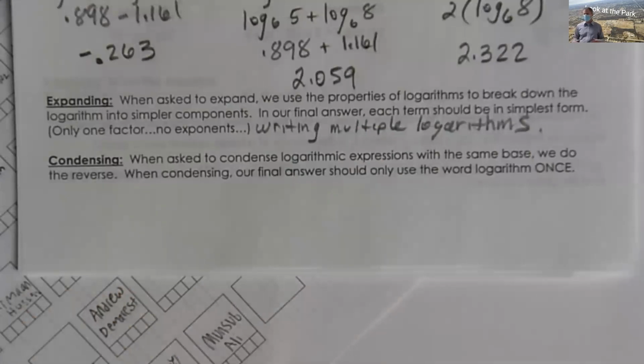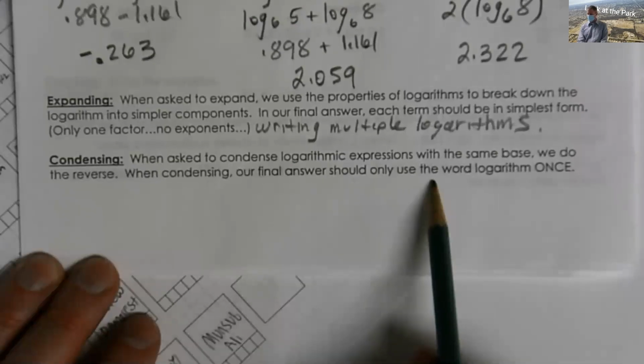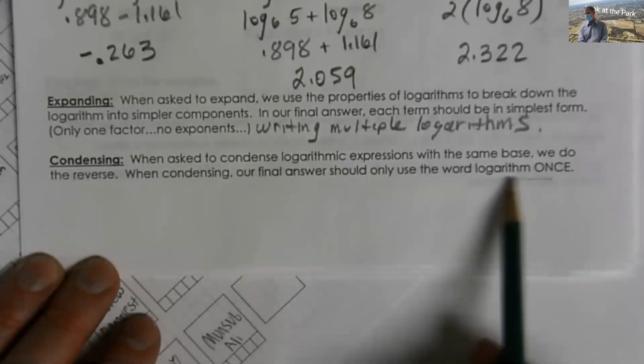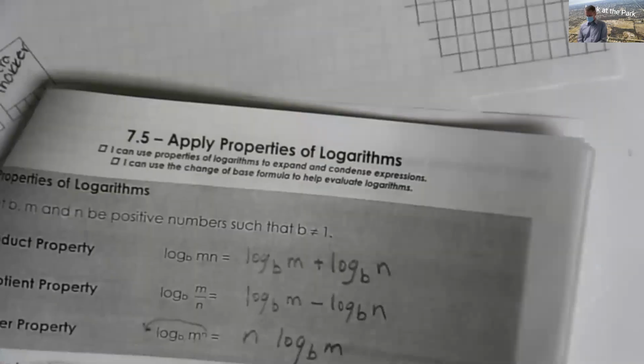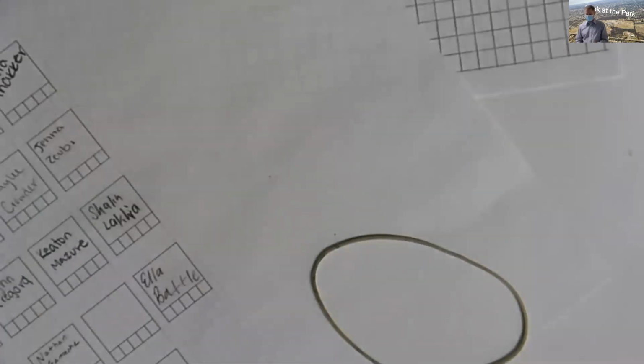Condensing, smaller. You're going to shorten it up. In condensing, your final answer should only have one logarithm as part of it, not multiple logarithms. So our next set of examples are going to be based off of that.